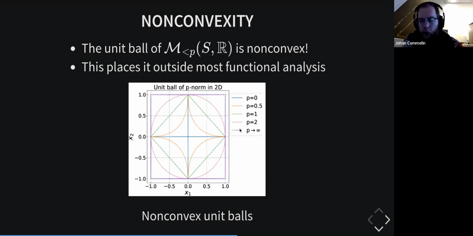And then for values of p larger than 1, you get the usual circle for p is 2, and for p is infinity, you get this larger square. So this just means that we have to embrace non-convexity when working with these spaces. That also means that the proof is probably going to be tricky.